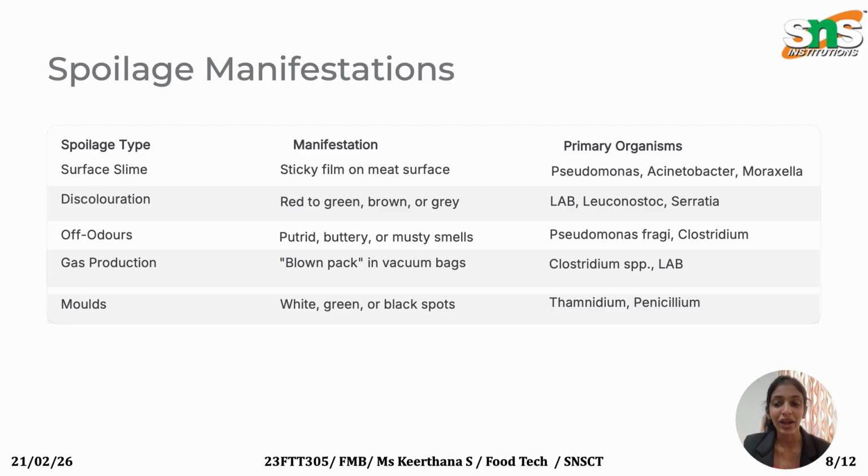Mold, white, green or black patches, is due to Penicillium. But here is the important point. Spoilage does not always mean pathogenic contamination, and dangerous pathogens may not always produce visible spoilage. That's what makes food safety more challenging.